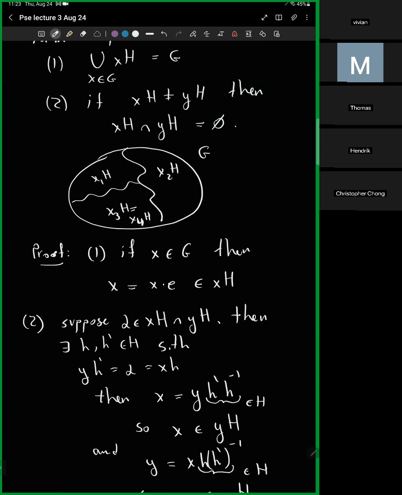But the exception is the coset eH, which is equal to H, which is a subgroup. But the rest of them are not subgroups, because, well, you will see.